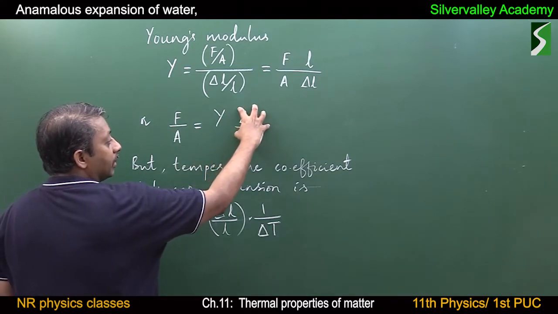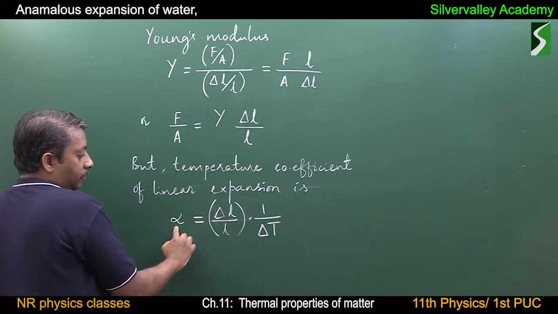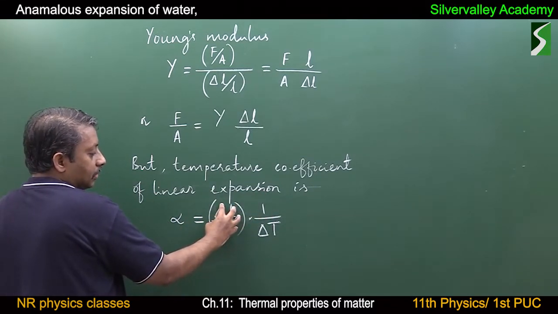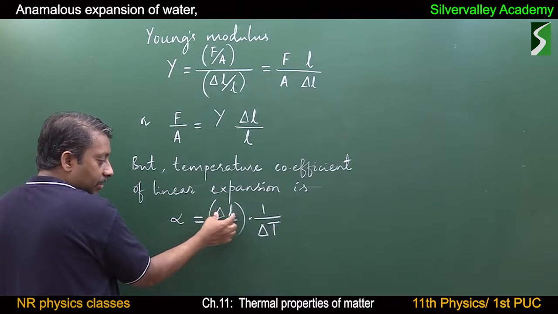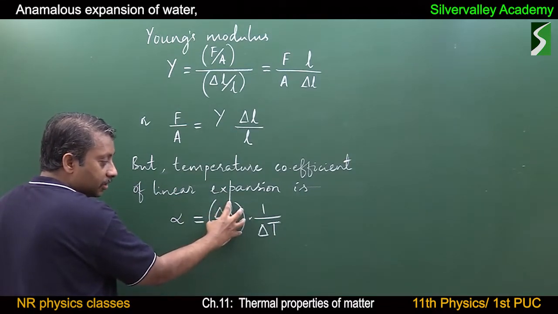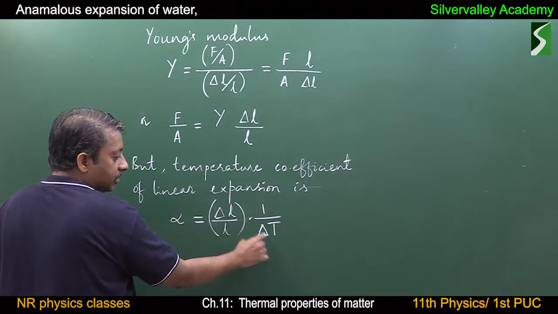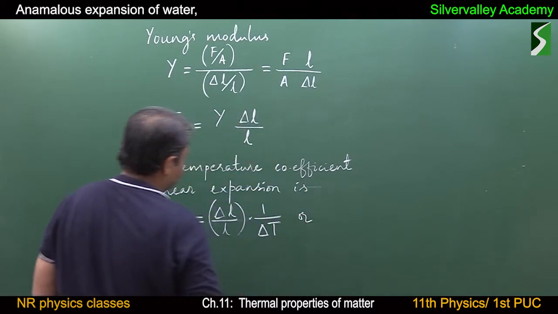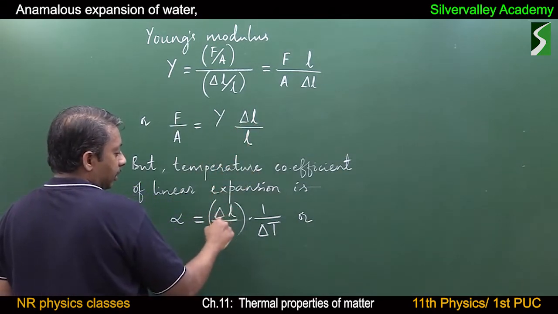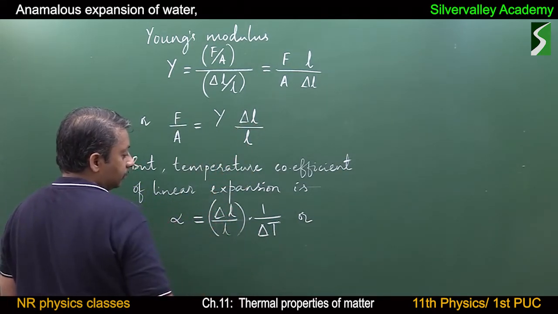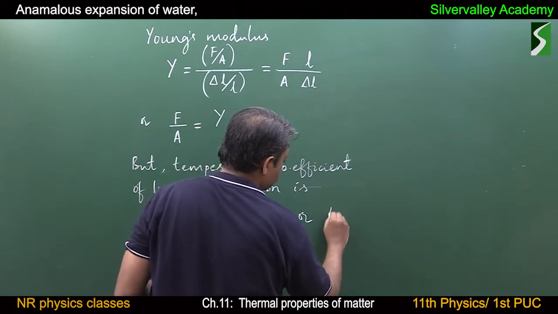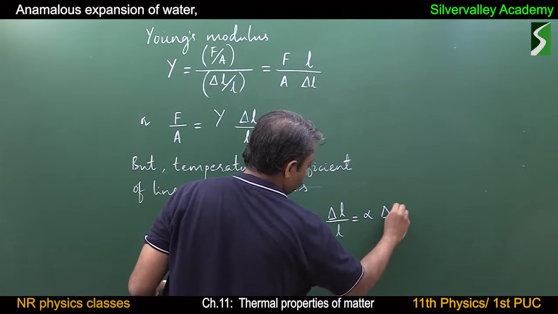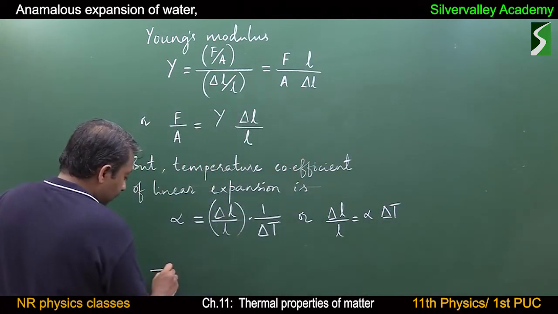Observe, I want delta L by L. Alpha is the temperature coefficient of linear expansion, which is change in length by original length, fractional change in length for every degree change in temperature, or delta L by L. Delta L by L is alpha into delta T.